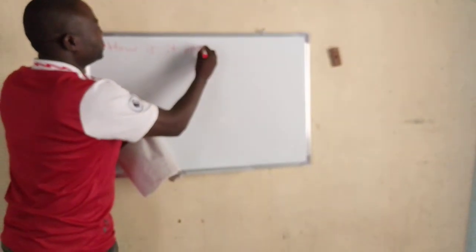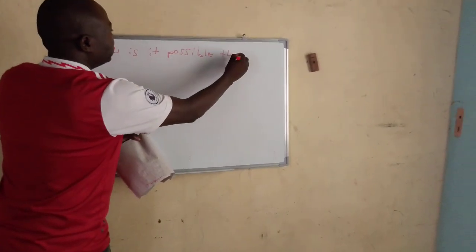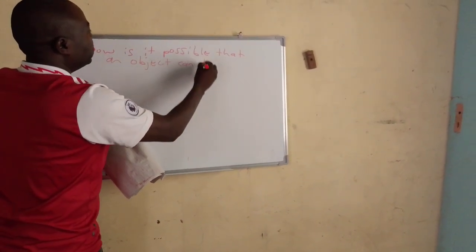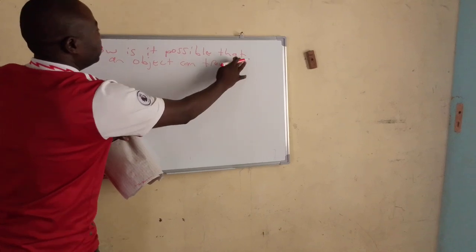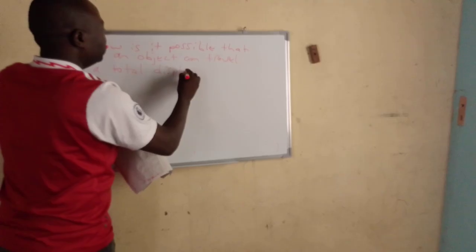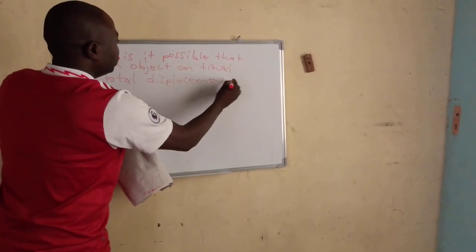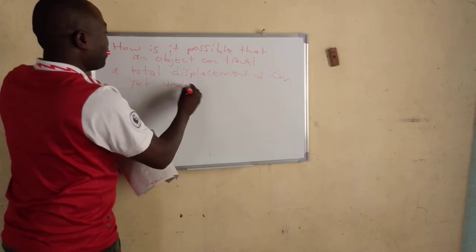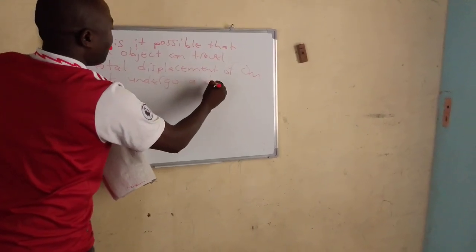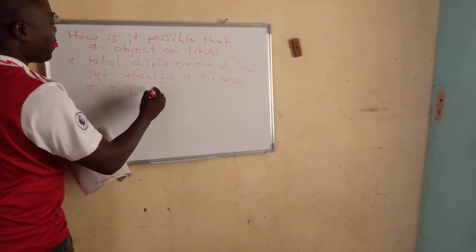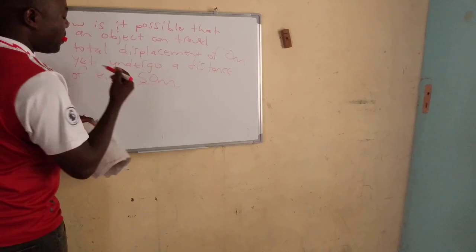How is it possible that an object can have a total displacement of 0 meters yet undergo a distance of 50 meters, right?